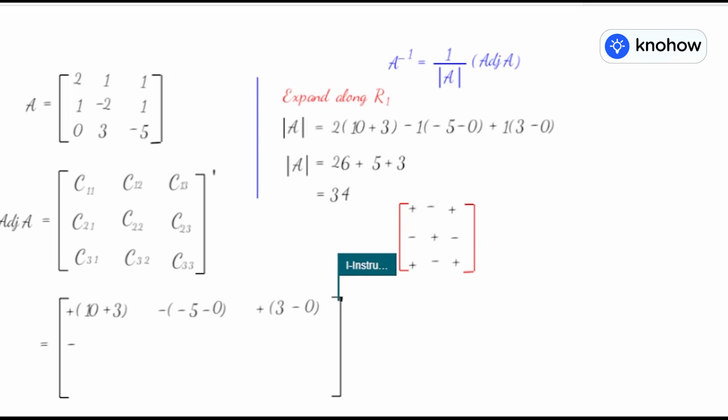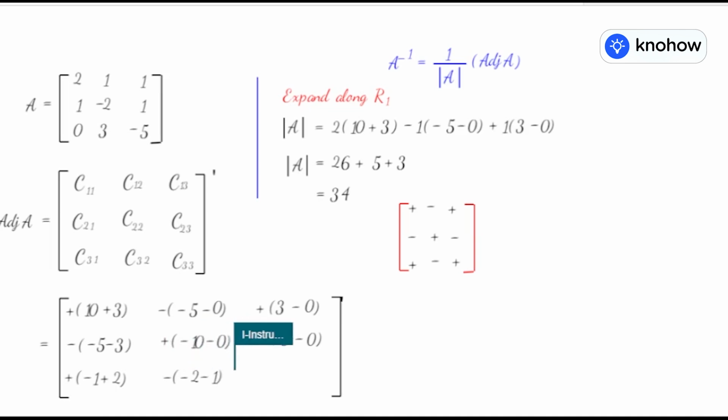It will be minus times minus 5 minus 3, plus times minus 10 minus 0, and minus times 6 minus 0. Then you have plus times minus 1 plus 2, and minus times minus 2 minus 1, and plus times minus 4 minus 1.